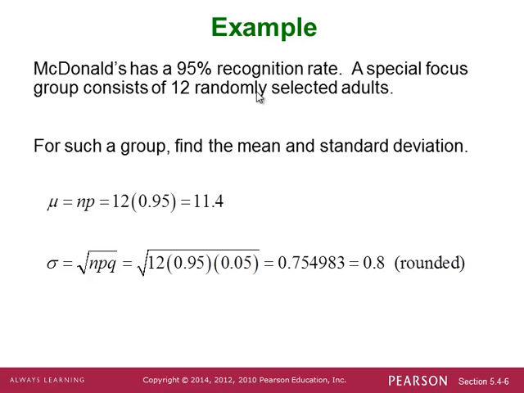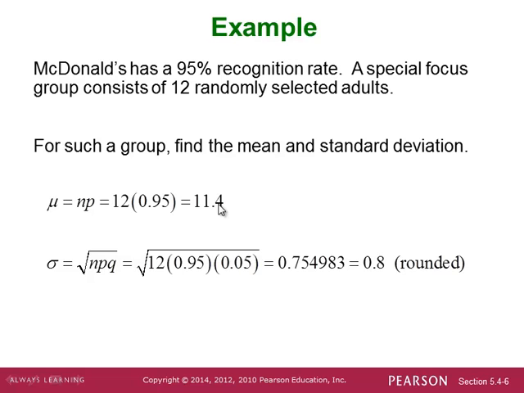Now, for this experiment, the expected or average number of adults would be 12 times 0.95, where 12 is the sample size and 0.95 is the individual p-value. 12 times 0.95 is 11.4.